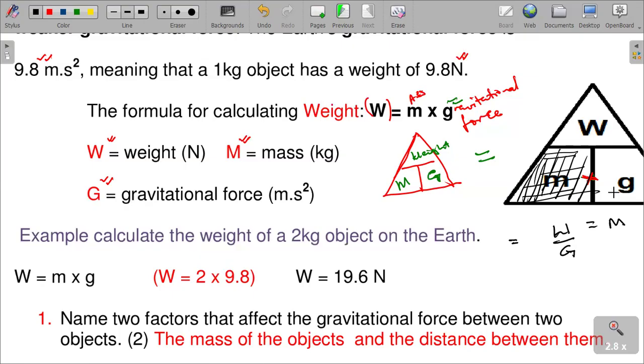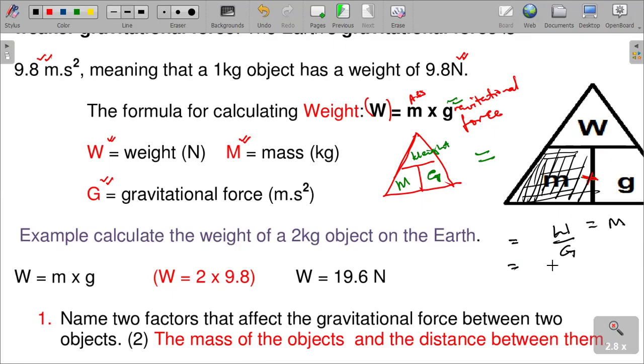And again, if you want to get G, this is also called the subject of the formula. How do we get G? We can cover G here.